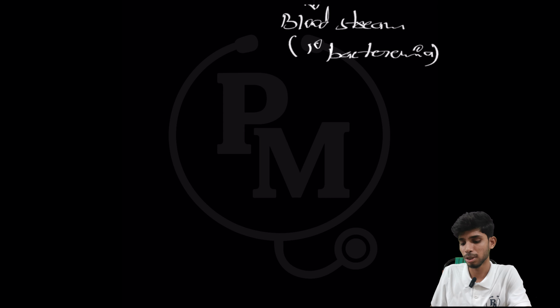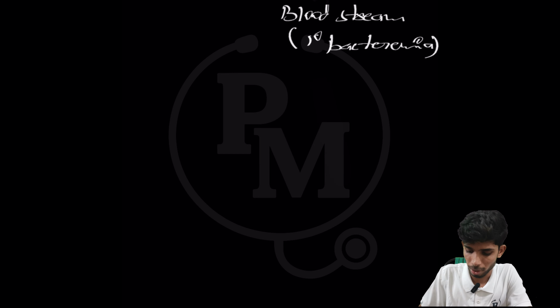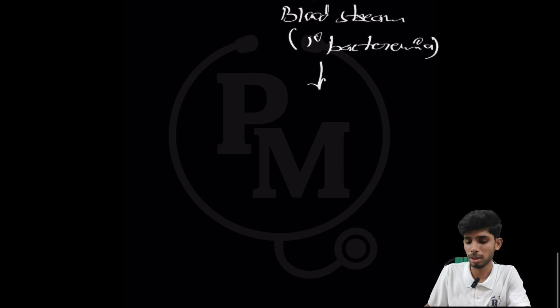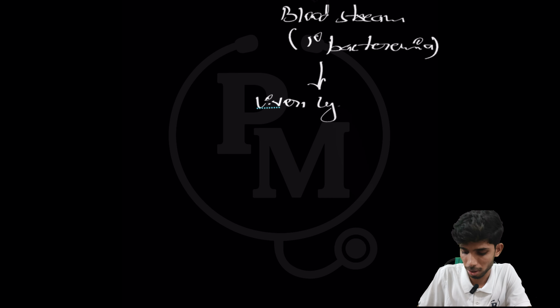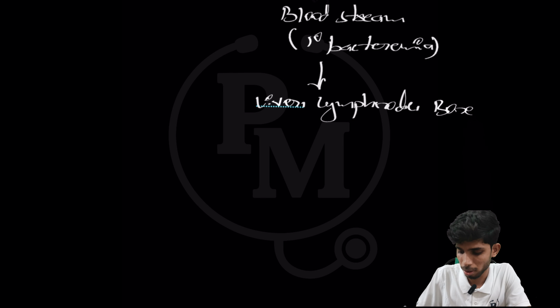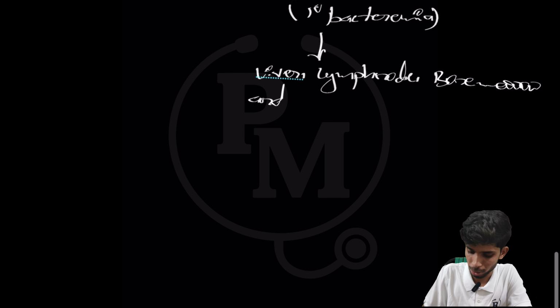After bacteria enter into the bloodstream, they spread into various organs like liver, lymph nodes, bone marrow, and spleen.